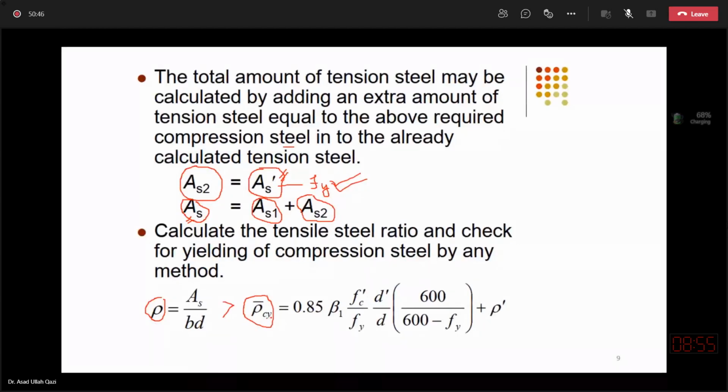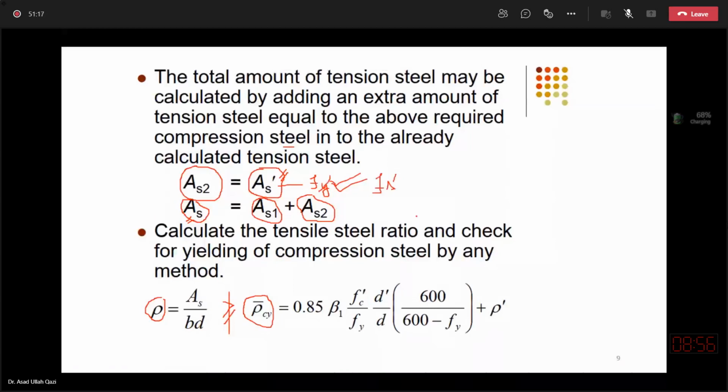But if it comes out not greater than or equal to rho Cy, then it means my compression steel was not yielding. It is at Fs prime. Now I want to do some adjustment because I am slightly underestimating the compression steel. There is important information here.